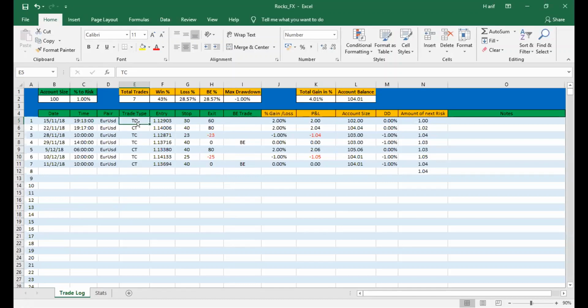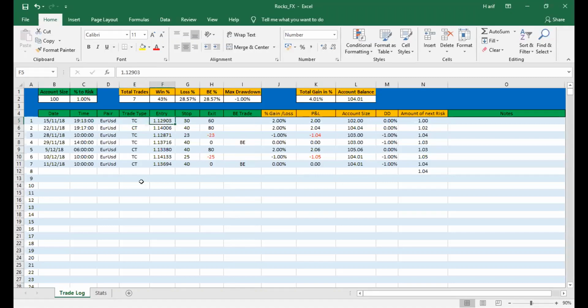You don't actually have to have this in your spreadsheet, but it's just something for you to refer back to, to see whether you perform better in a trending market or a counter trend. When we go to the second page, I'll explain more about how you can use that to tweak your trading to make it a bit better.